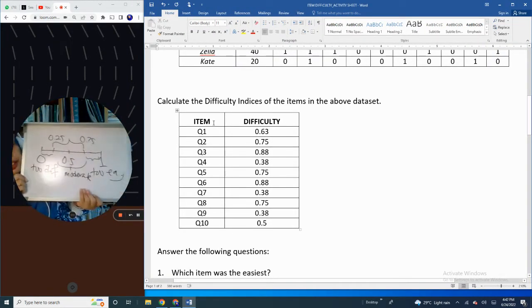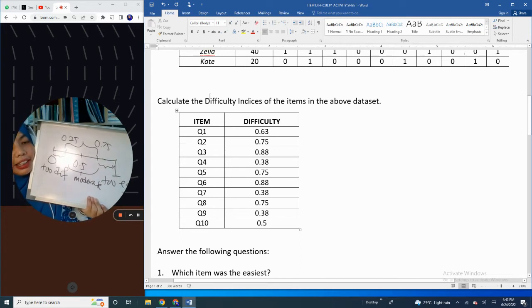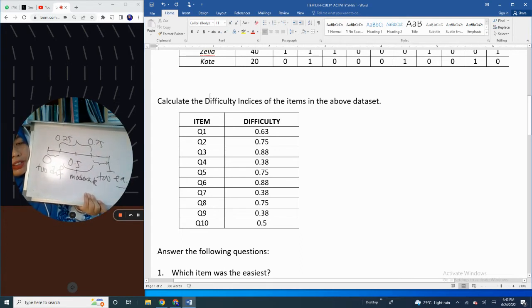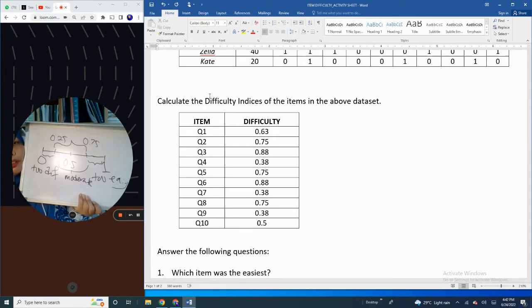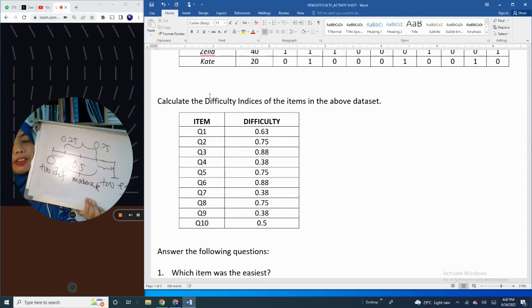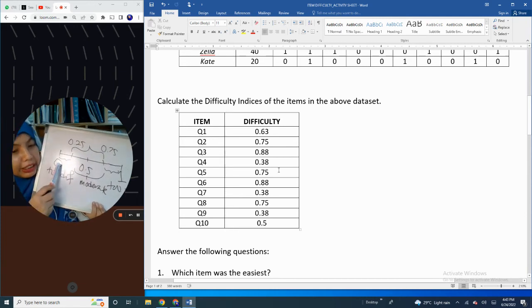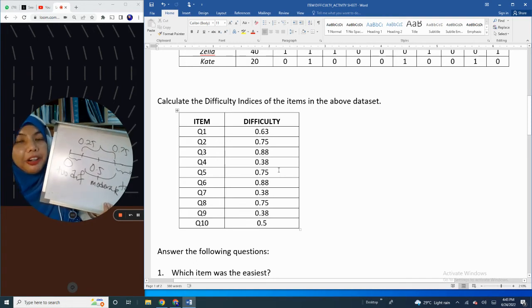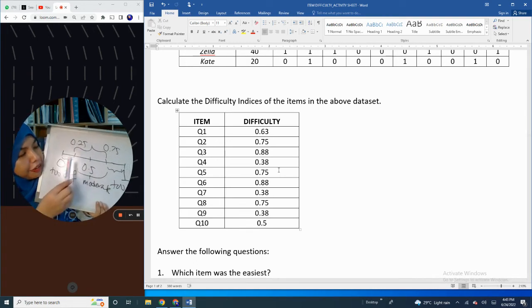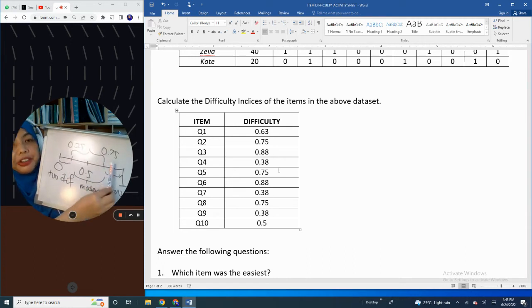Remember this cutoff point. In order for an item to be considered difficult, the index should be 0.25 or close to 0. However, for this test, we don't have a single item falling within this range. All of the items are either of moderate level of difficulty or easy.